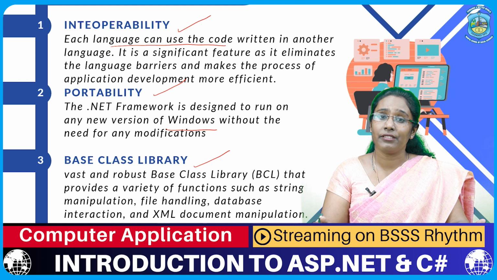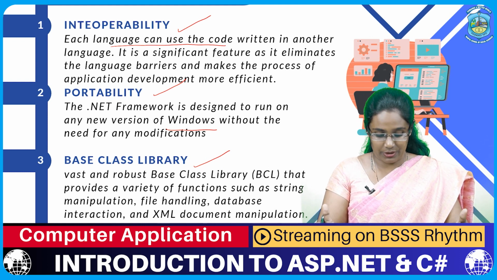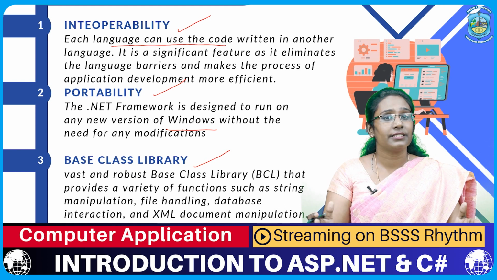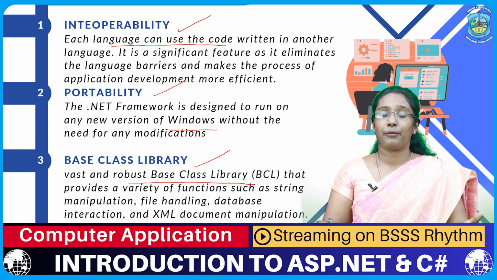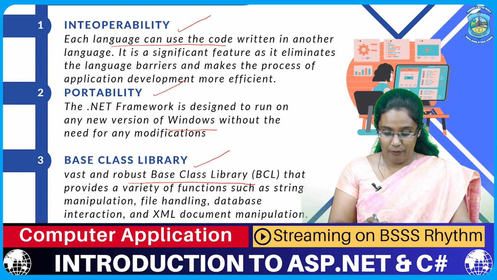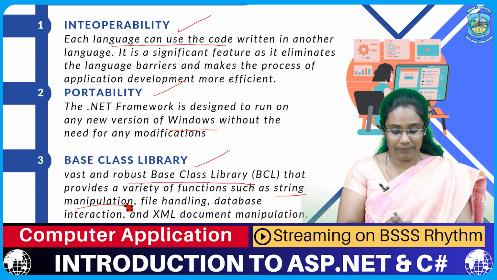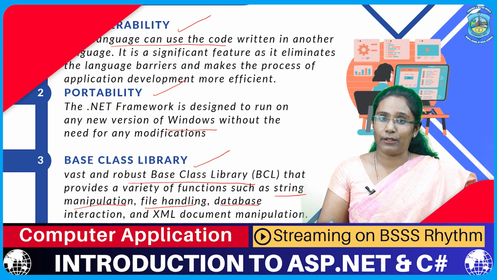Third and an important feature of .NET is its base class library. It has a vast and robust base class library that provides a variety of functions which can be used for string manipulation, file handling, database interaction and XML document manipulation.